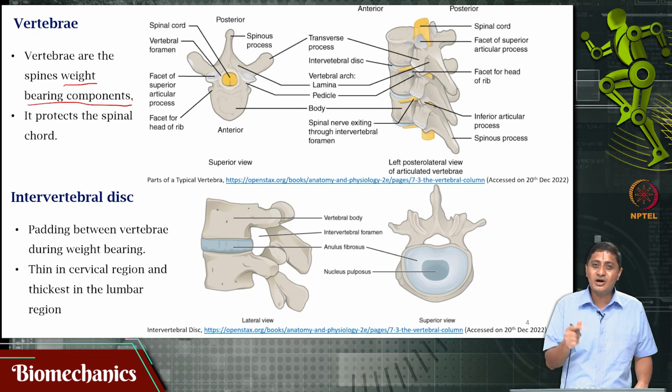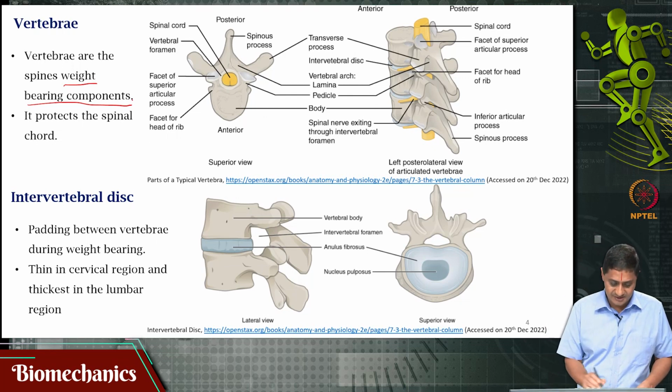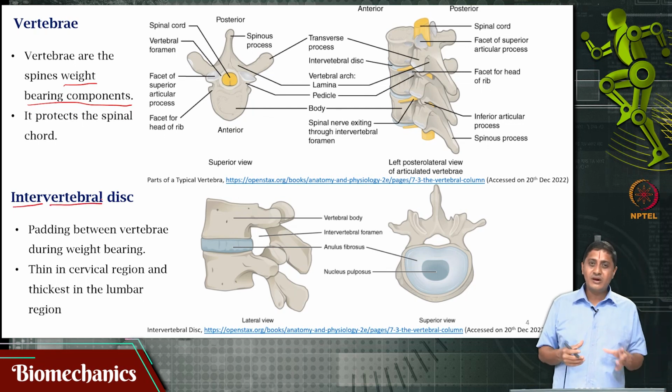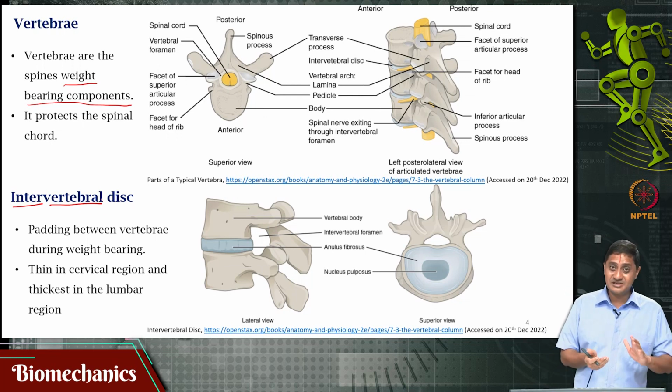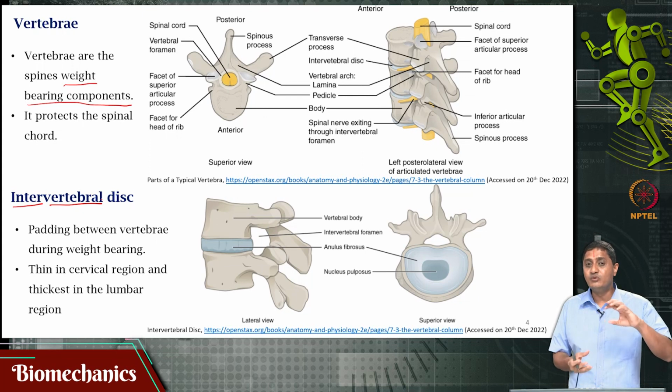It is a fibro-cartilaginous supporting pad that is present between two vertebrae. Intervertebral disc. More like a padding, more like a rubber pad between two vertebrae. Inter means between, intra means within, is it not? Intervertebral disc means this is a pad that is present between two vertebrae.